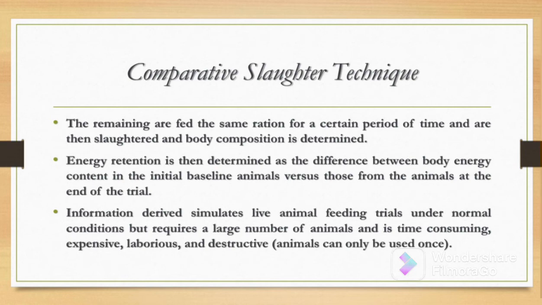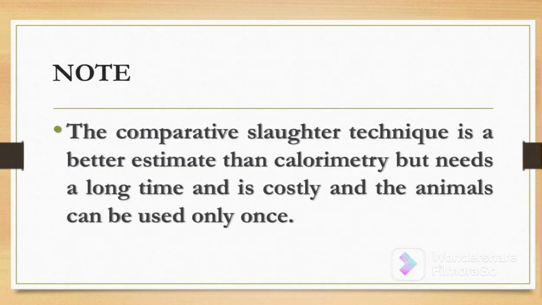Information derived simulates live animal feeding trials under normal conditions but requires a large number of animals and is time-consuming, expensive, laborious, and destructive. Note that the comparative slaughter technique is a better estimate than calorimetry but needs a long time and is costly, and the animals can be used only once.